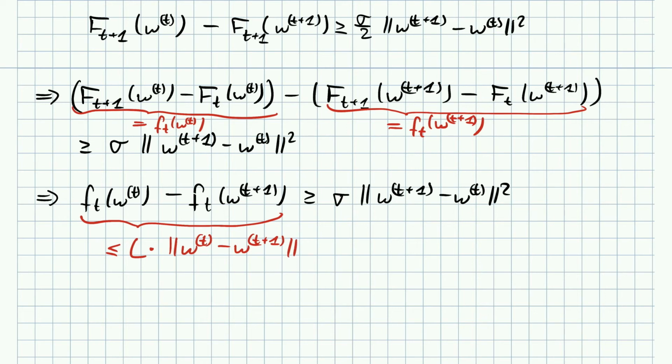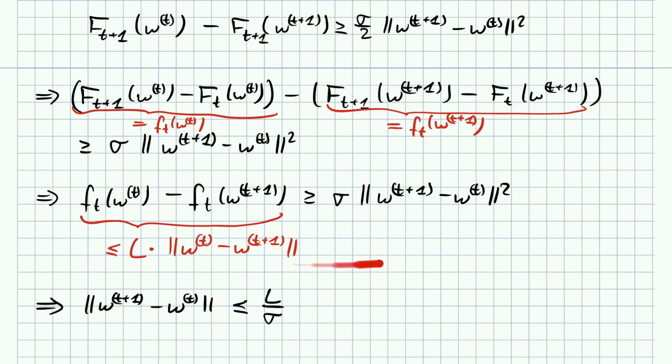The Lipschitz condition tells us, okay, the difference of the function values will be at most the Lipschitz constant times the norm of the differences. I now wrote it in this order. I could also write it in that order. This doesn't actually matter because now let's divide by this. We'll see that the norm of w_{t+1} minus w_t is at most L over sigma.